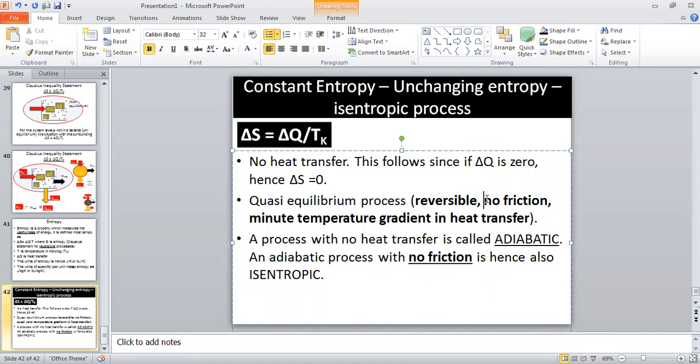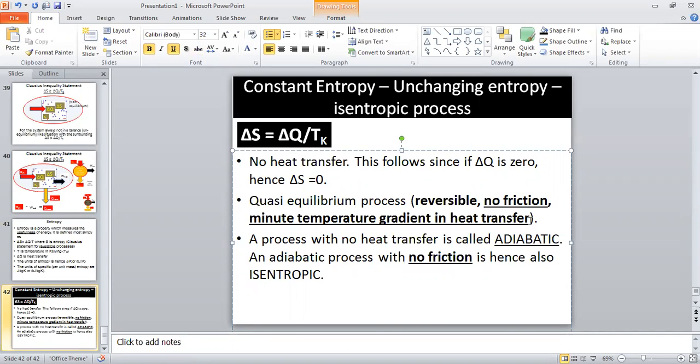Reversible means no friction is one, and this is another: reversibility related to heat transfer. The friction generates heat, of course, because of overcoming the friction, and that heat has no use for the work done.